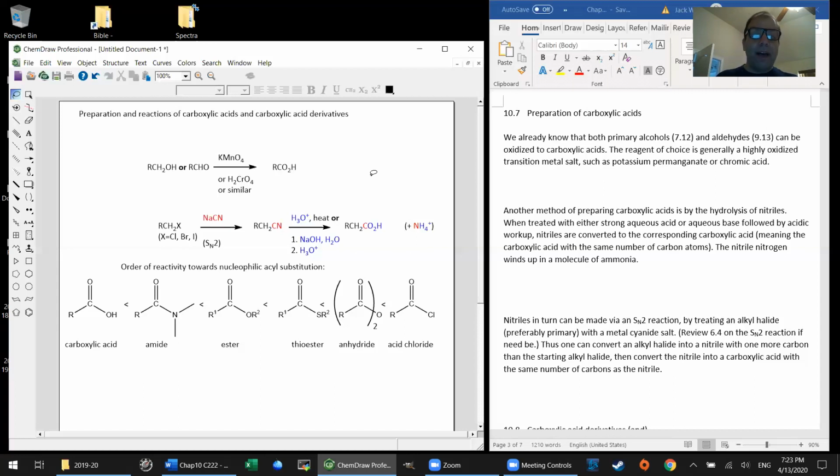Another way of making carboxylic acids is by hydrolyzing nitriles. Now, hydrolysis comes from two, I believe, Greek words: hydro is water and lysis is loosen. So we are loosening by water. And so all hydrolysis reactions involve loosening by water. That would include, by the way, the hydrolysis and saponification of esters, which we talked about earlier.